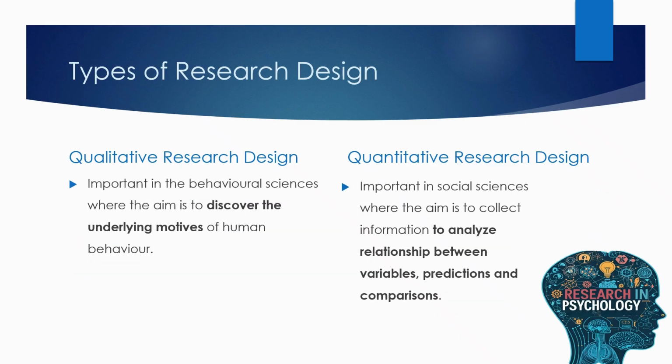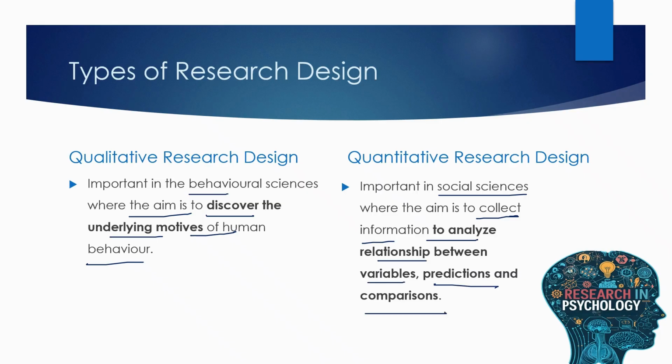Now, the next difference we have is qualitative research design is important in the behavioral sciences, where the aim is to discover the underlying motives of human behavior, while quantitative research design is important in social sciences, where the aim is to collect information to analyze relationship between the variables, predictions, and comparisons. Okay, so here we just want to know the underlying motives or desires of a behavior.